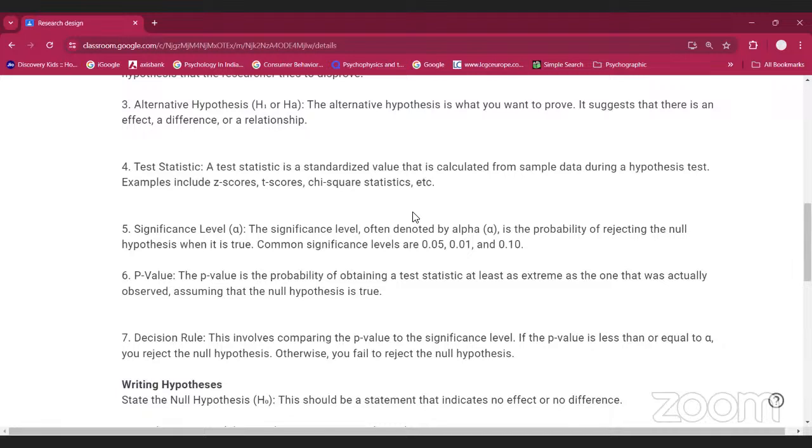Okay. So the level of significance is very important, particularly for hypothesis testing. You have to initially tell whether the significance level will be 0.05 or 0.01 or 0.001.